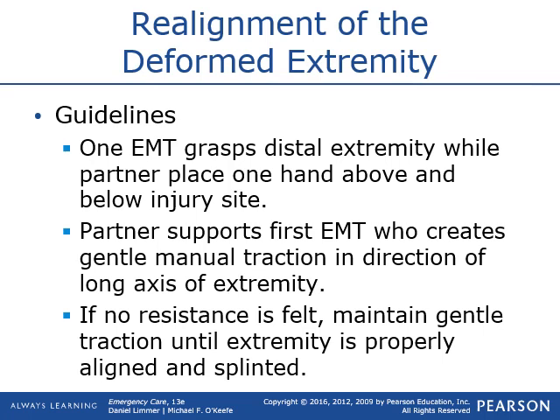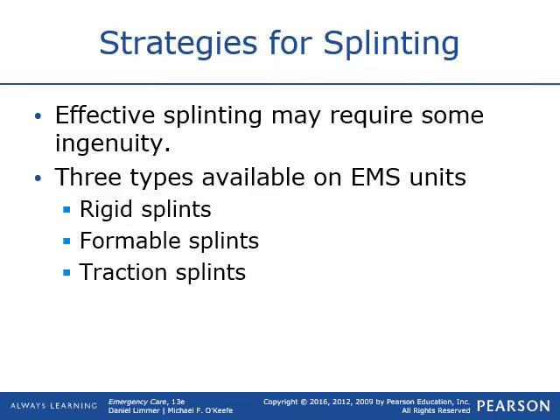The partner supports the first EMT, who creates gentle manual traction in the direction of the long axis of the extremity. There's no resistance. Maintain gentle traction until the extremity is properly aligned and splinted. Again, you're going to do this with extreme caution. Even the attempt of doing so can cause further injury. You need to weigh the risks and benefits prior to doing so.